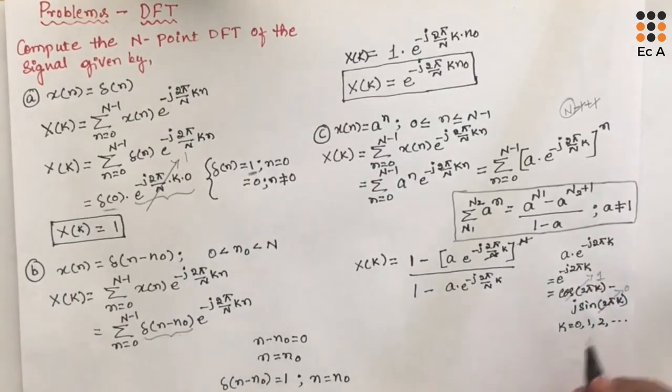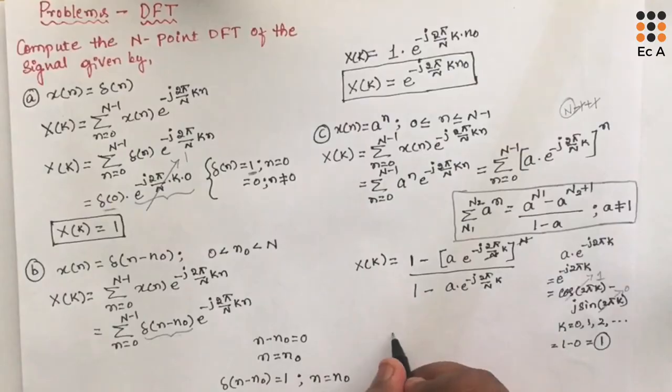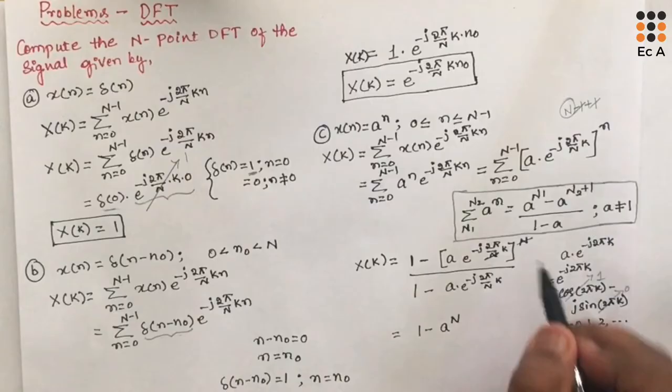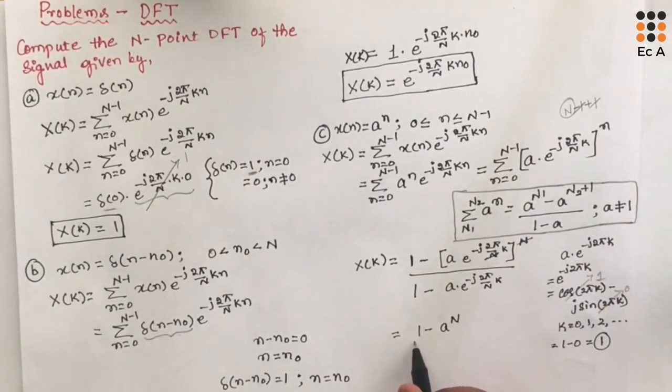So e to the power of minus j 2 pi k will be equal to 1 minus 0, that is equal to 1. So in place of this term we can replace it by 1 and we can write 1 minus a to the power of n, because this power will be with a also. That's why we can write it as a to the power of n divided by 1 minus a into e to the power of minus j 2 pi by n into k. So this is the DFT for the given signal a to the power of n.